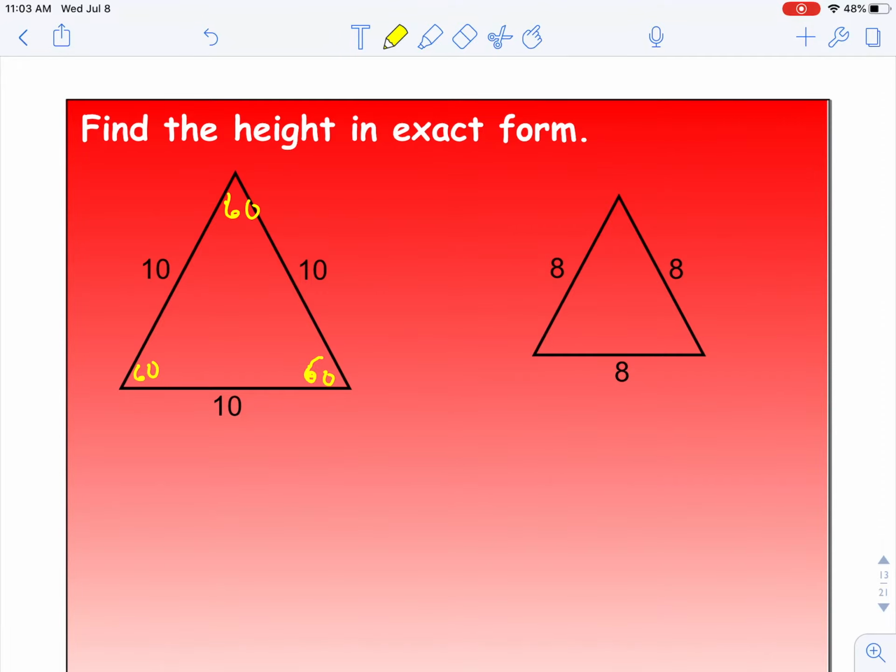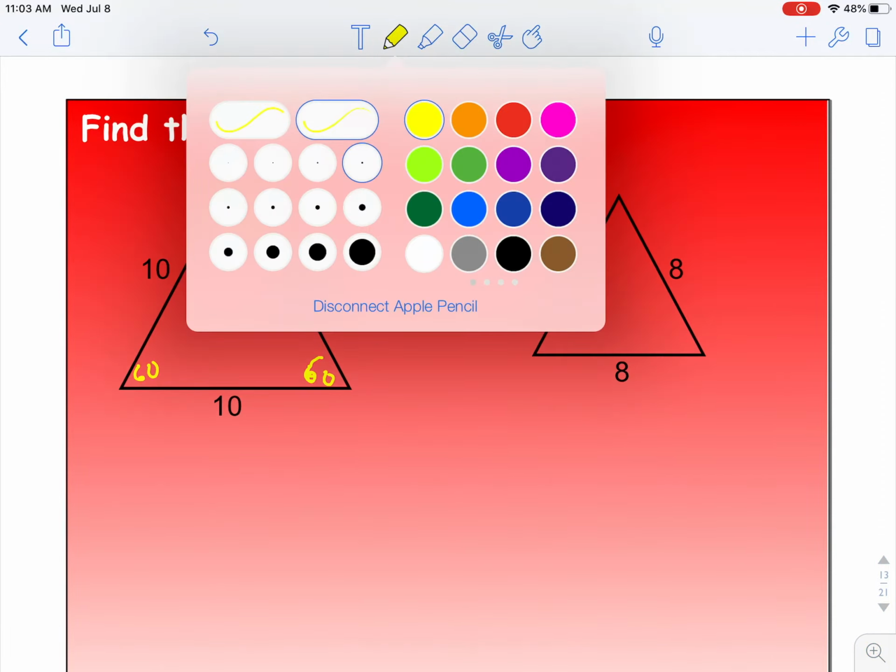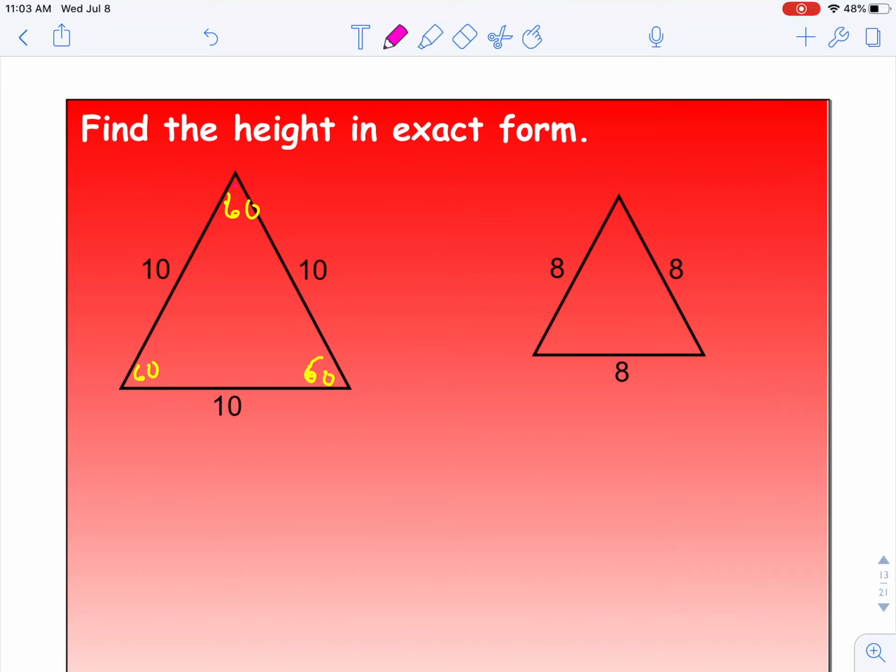And when we find the exact height here, we are going to find this height, which is going to be a 90-degree angle. And remember that that height is also the median, so it cuts this in half. And it's also the perpendicular bisector, and it's also the angle bisector, so it bisects these angles.